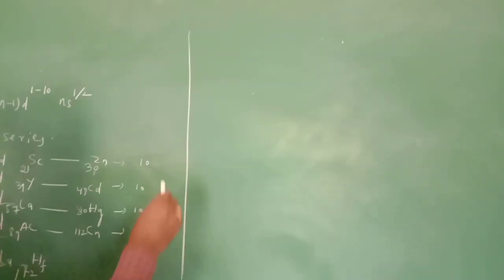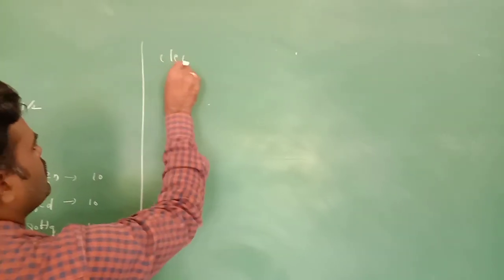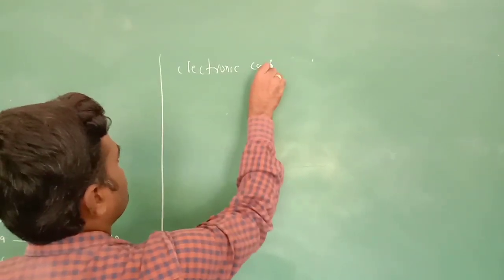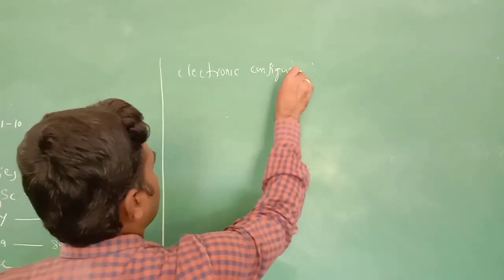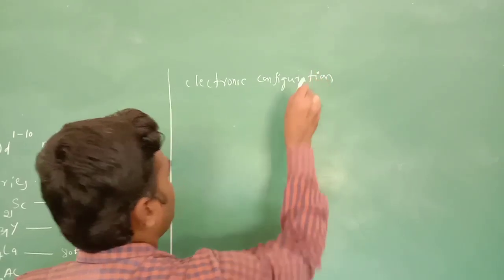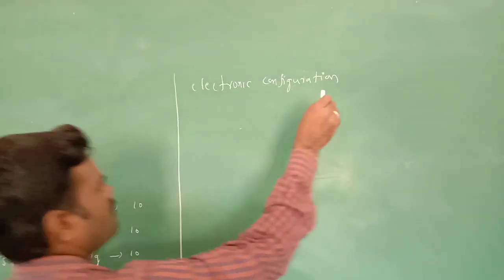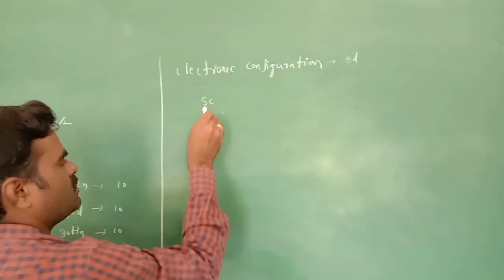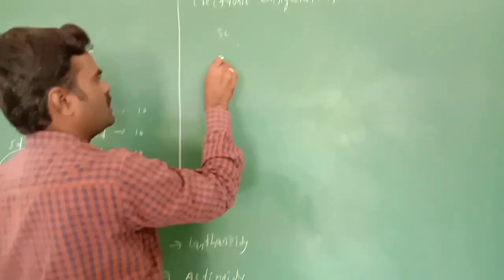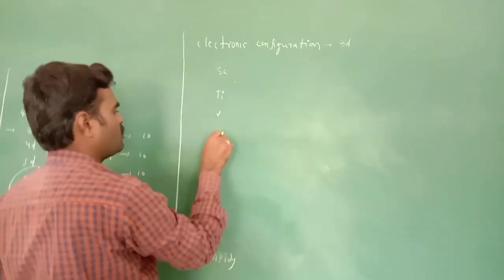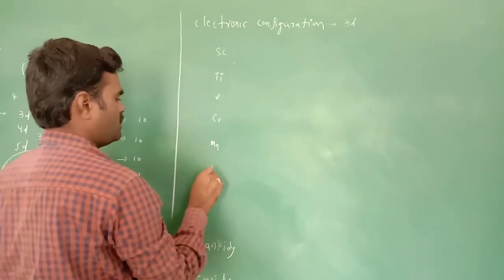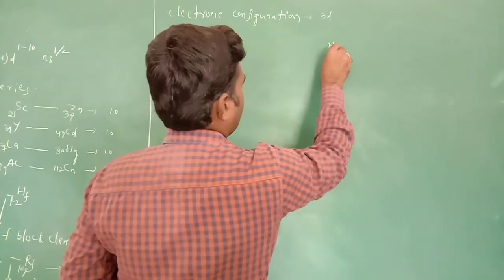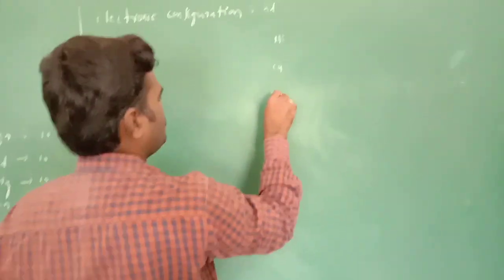Electronic configuration of the 3D series. There is a simple technique: scandium, titanium, vanadium, chromium, manganese, iron, cobalt, nickel, copper, zinc.